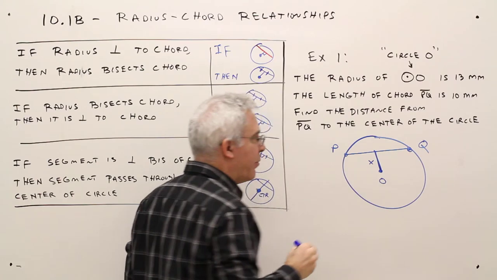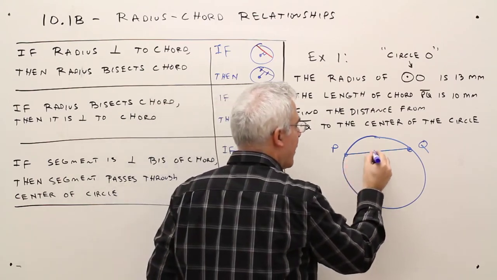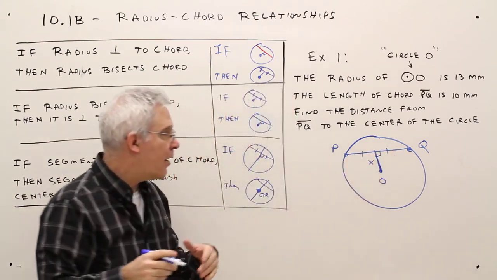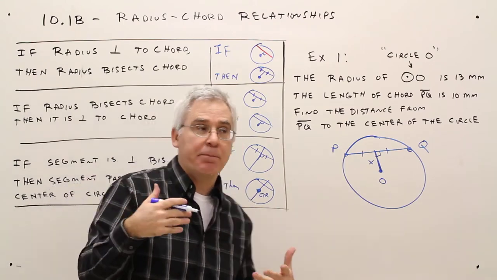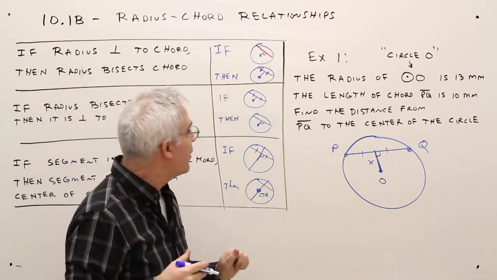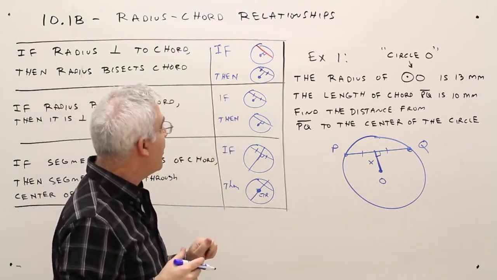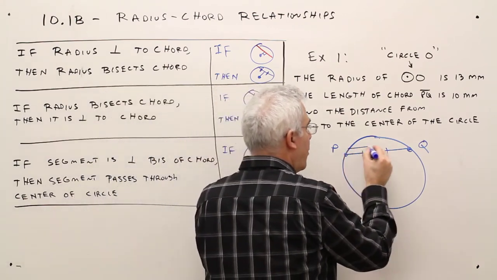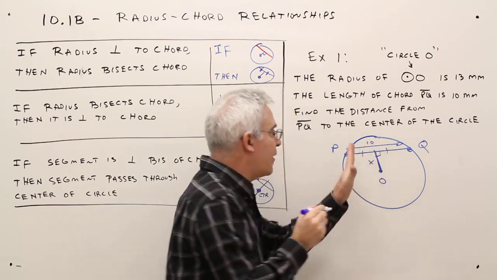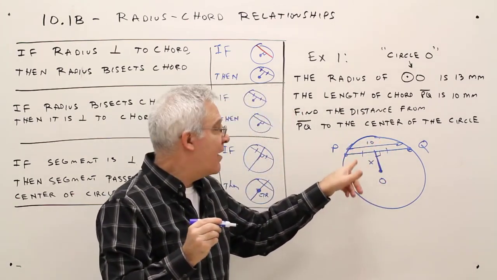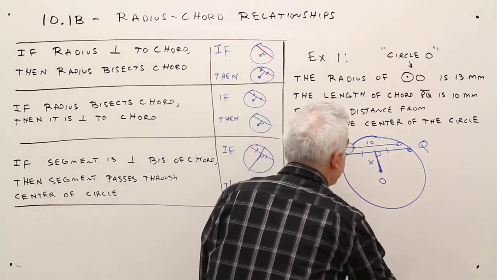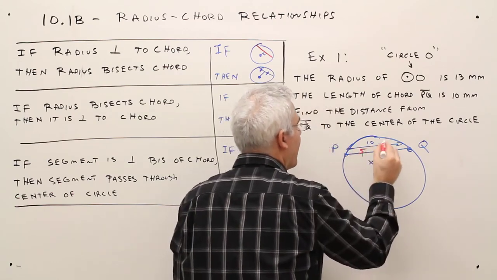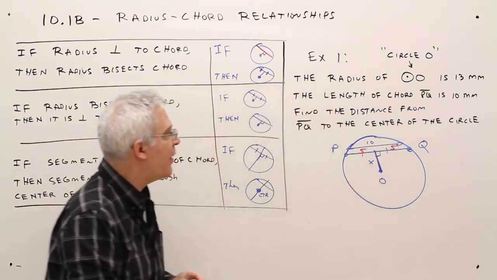So I'll just label that as X, and I know that I would have if perpendicular, then bisect. That's one of these theorems over here. They said that the length of the chord is 10 millimeters. So this whole length here is 10, but if I chop it in half, I'm going to get a 5 and a 5. So I'll just put a 5 over here and a 5 over here.